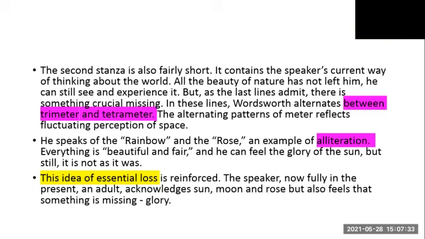Now we have here the idea of essential loss. The speaker, now fully in the present, he's an adult. He acknowledges sun, moon, rose, but insists that something is missing. What is missing? The glory.